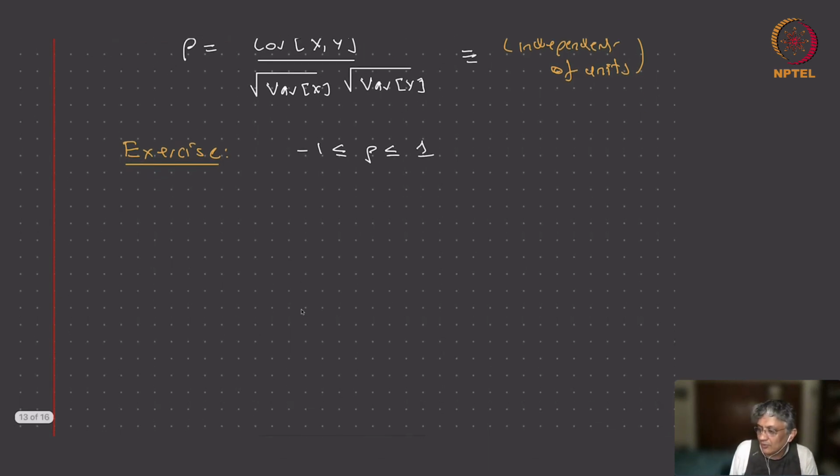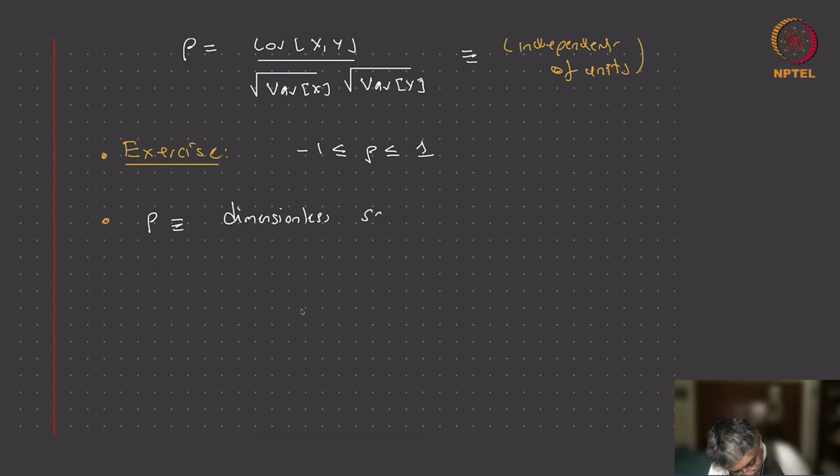So let's write these things down. The first thing to observe, which you have to show and I will not show, is that it's between -1 and 1. The second point is that it has no units, which we have already seen. So you can think of rho as a dimensionless scaling of the covariance.